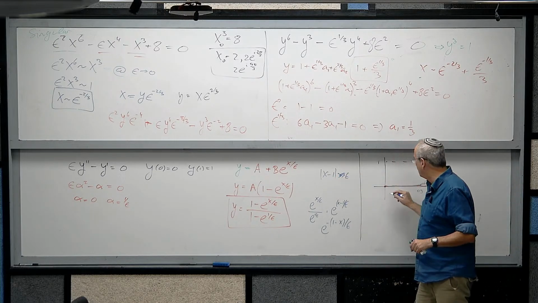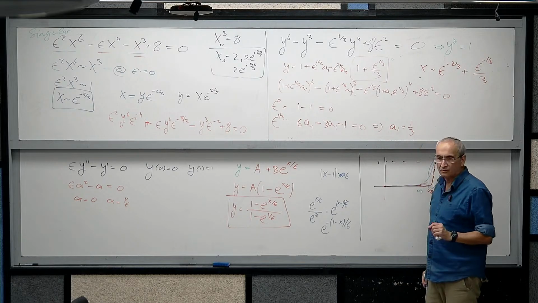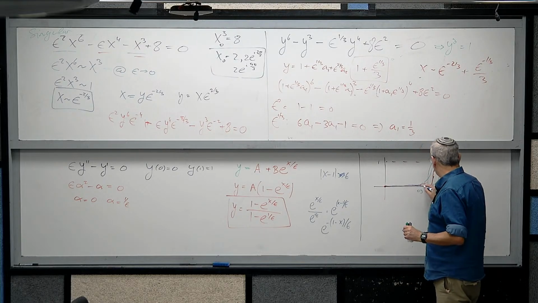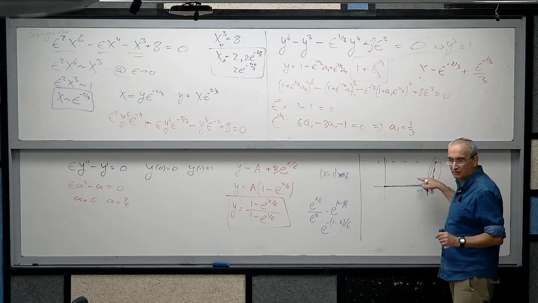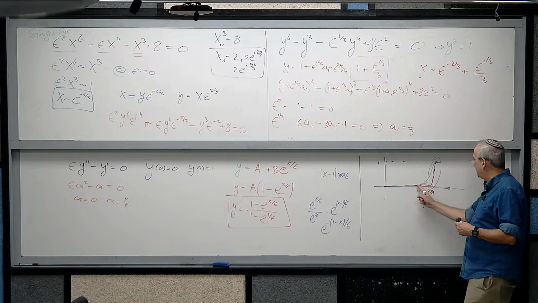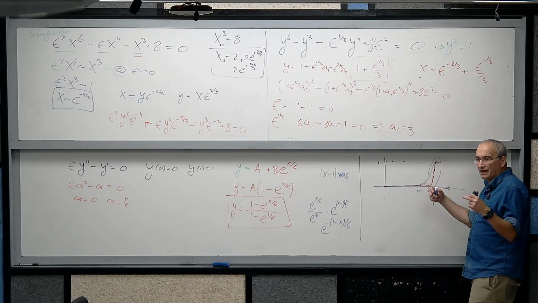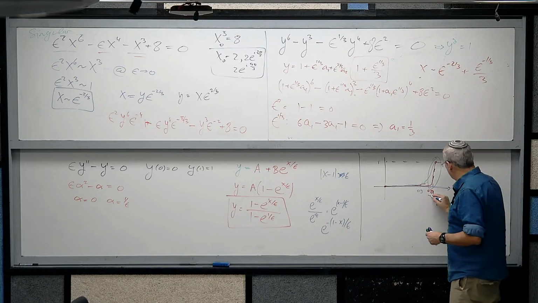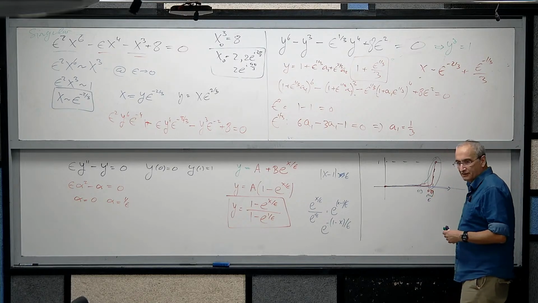For epsilon equal to 0, we have a solution which is constant all the way, so it cannot satisfy the boundary conditions. And as epsilon goes to 0, I will develop here a region that will be as narrow as its width will be of order epsilon.